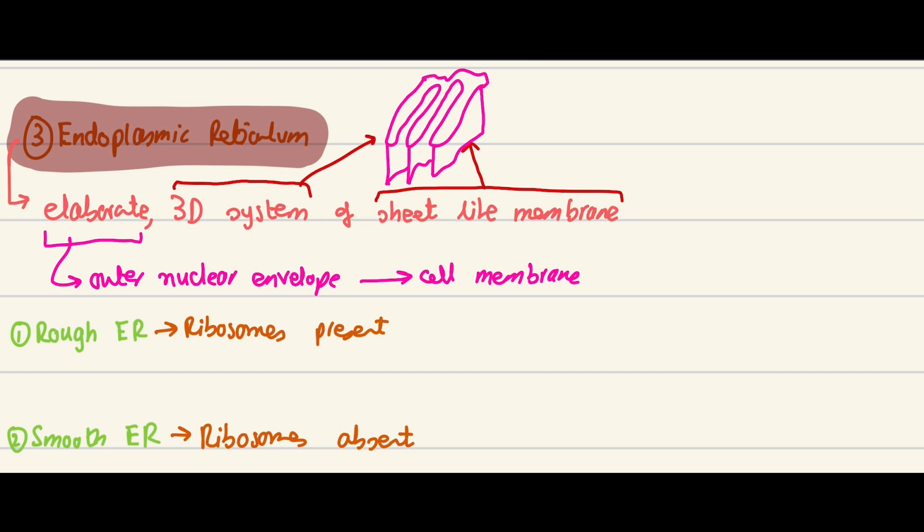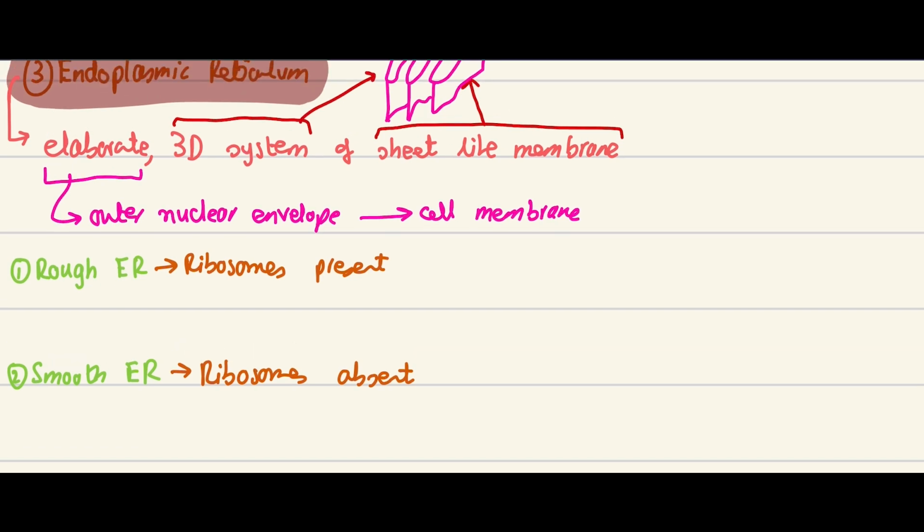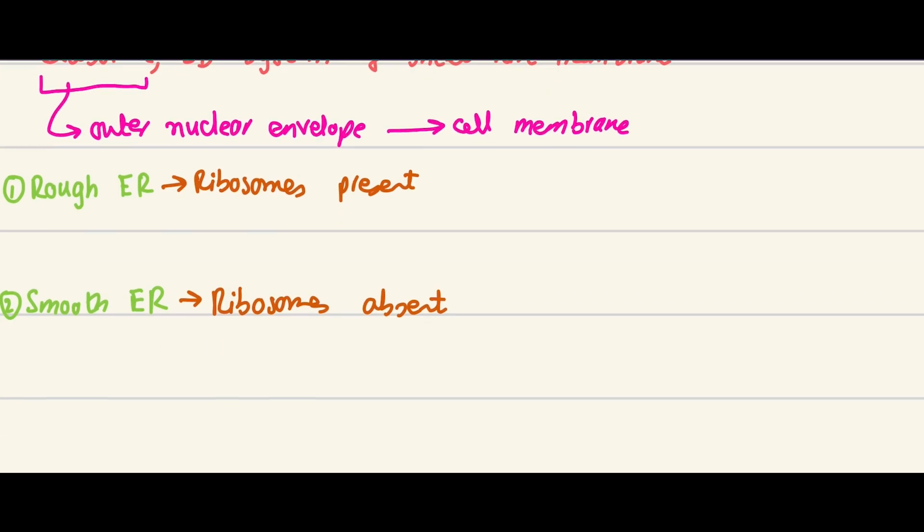Okay, talking about the functions, let's just talk briefly about their functions, and then we can go and see a structure of these endoplasmic reticulums. So the first thing is the ribosomes, and we'll be talking about this in our protein synthesis chapter. The ribosomes are involved in what is known as protein synthesis.